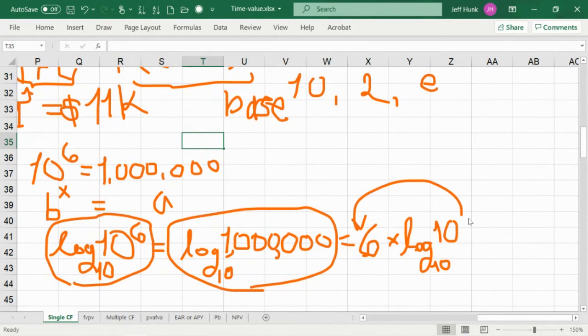Understand? Exponent can be brought down like a coefficient. First of all, this will turn into simply 6, because what is the meaning of base 10 log of 10?